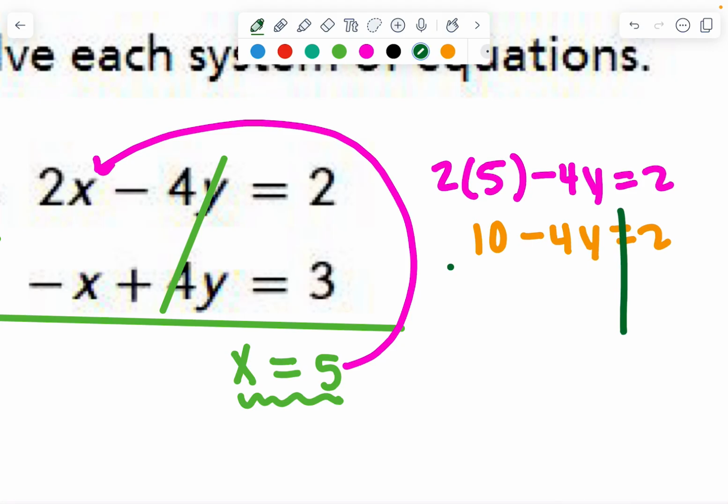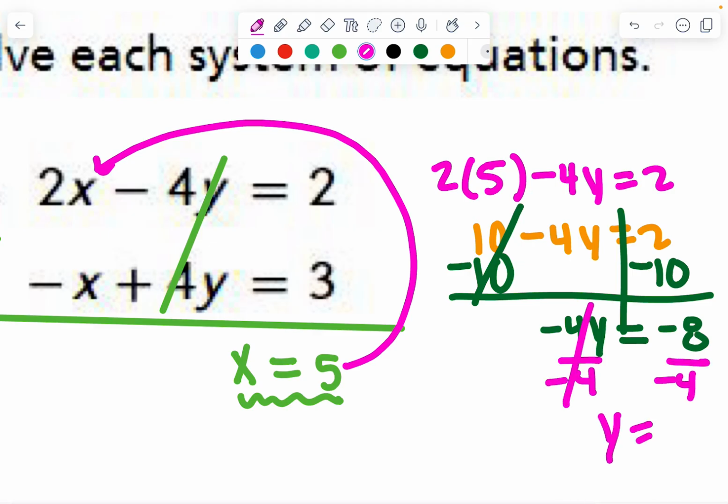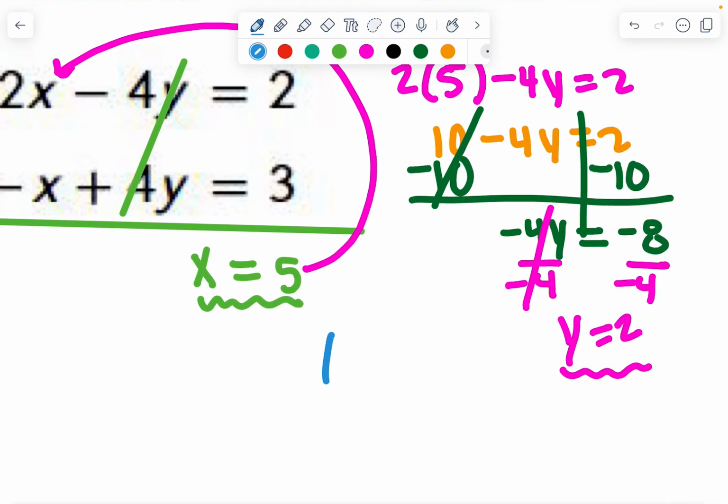I'm going to go ahead and subtract 10 from both sides. So we have negative 4y equals negative 8. Divide both sides by negative 4, sorry. So y equals 2. Now we can write our answer as an ordered pair: (5, 2).